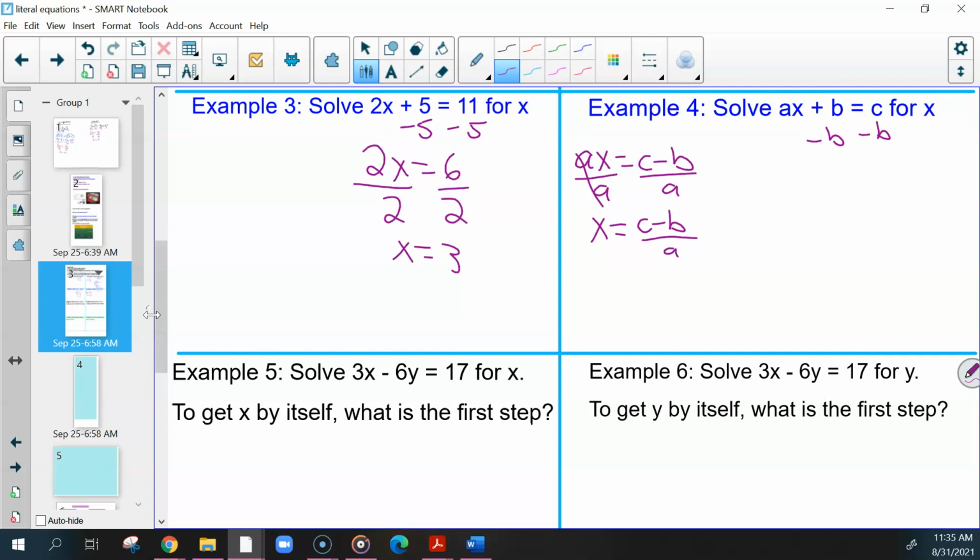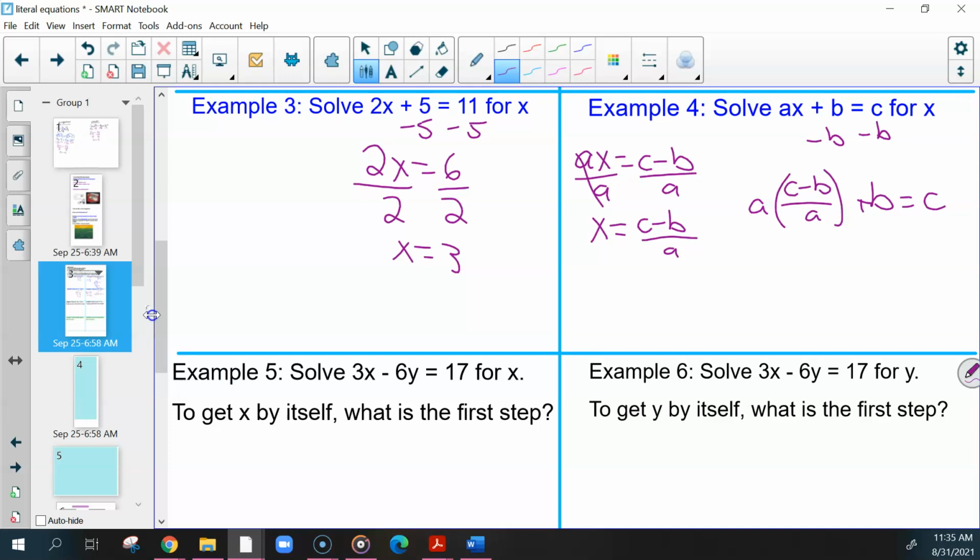I am going to put this back in so we can check it. So I'm going to put this entire thing where x was. So that would be a times c minus b all over a, plus b equals c. When you go to check this, you could do this one of two ways. You could multiply the a to everything up here and then separate the fraction out and then simplify it.